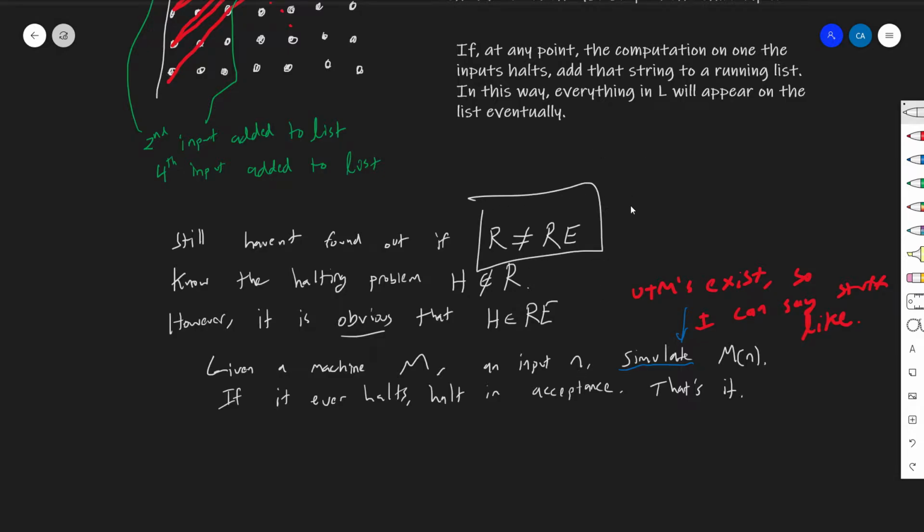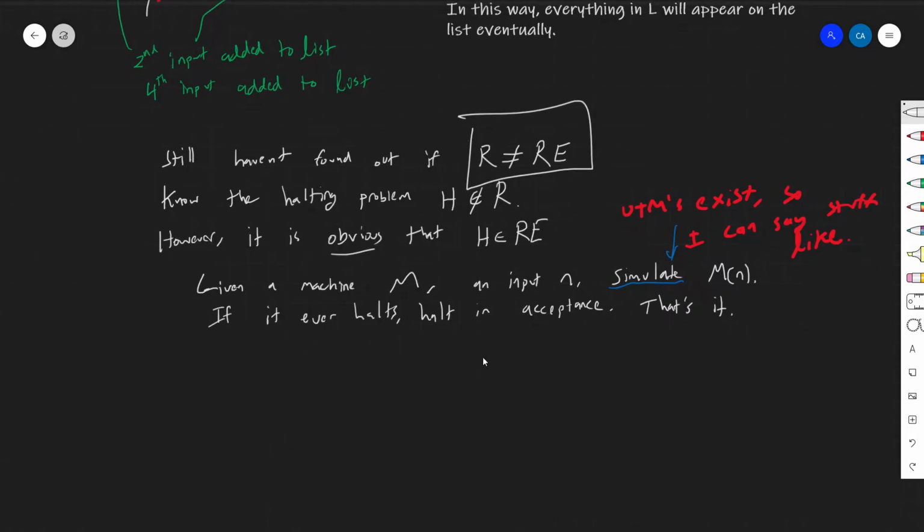The answer is yes, because the halting problem is in here, but not in here. So we have demonstrated the existence of a particular language that is not in one. But the halting problem means more than that. Oh, and by the way, I should probably say this. We finally have that R is not equal to RE.